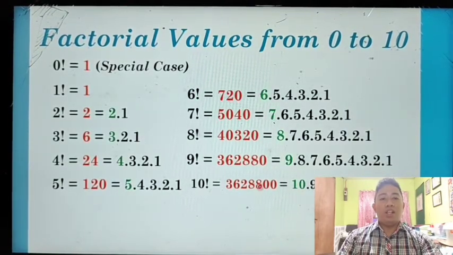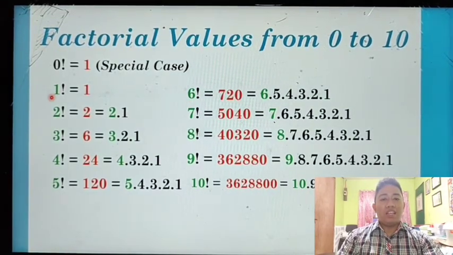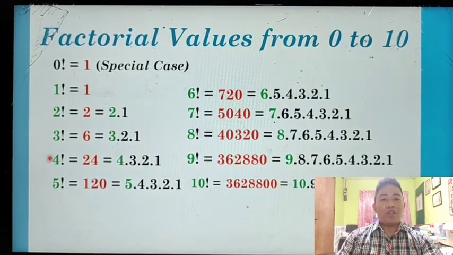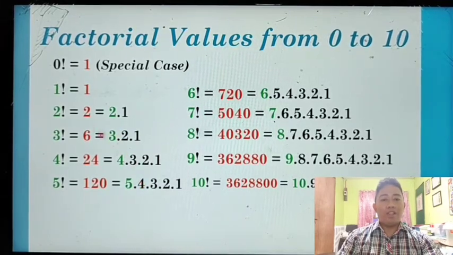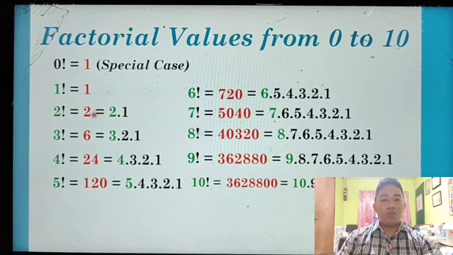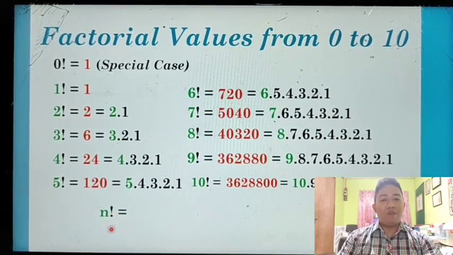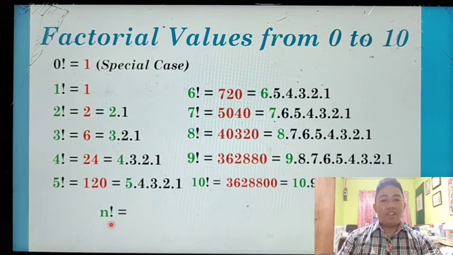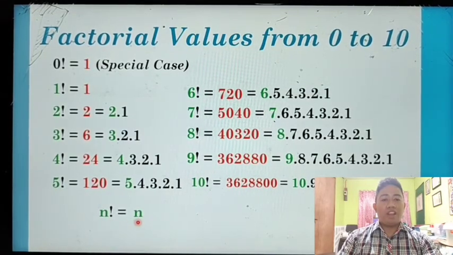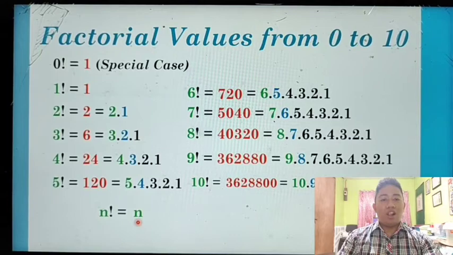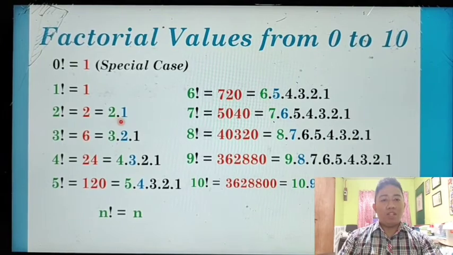Let us proceed. We have the derivation of this formula. We all know that the given natural number, represented by the color green, starts with its own number. So 1 of course is 1, 2 is 2, 3 becomes 3. So the given natural number begins with the natural number itself. Okay, we derive this formula. We have n factorial, which is equal to, copy the value of n. Next are those in blue, which differ from the green ones by a gap of 1.